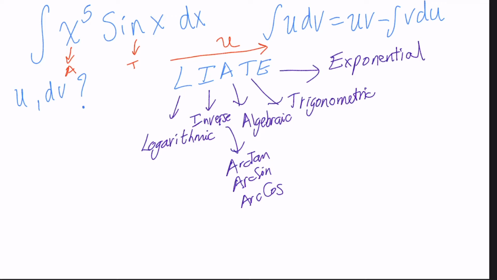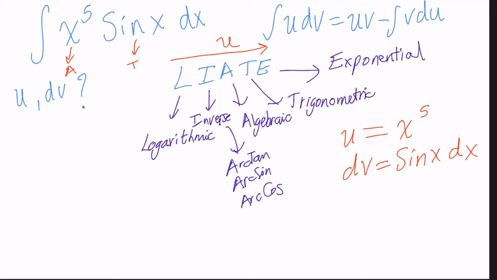Given that A is before T, if we see the order from left to right, then u must be equal to x to the 5, and dv must be equal to sine of x dx.